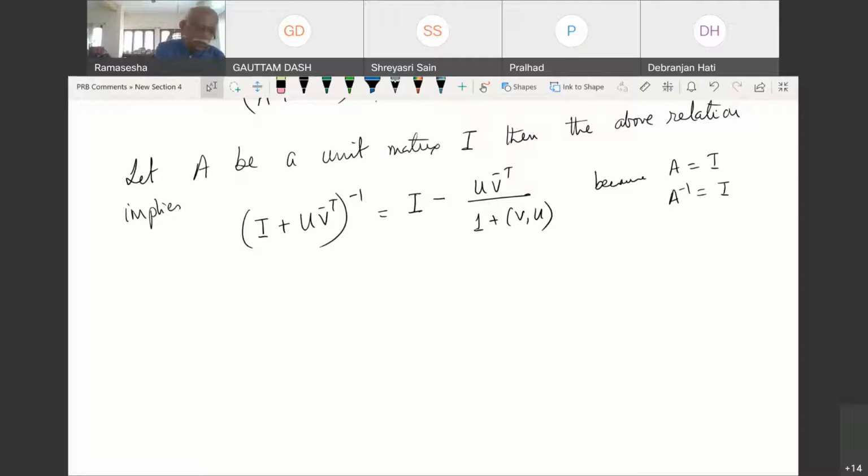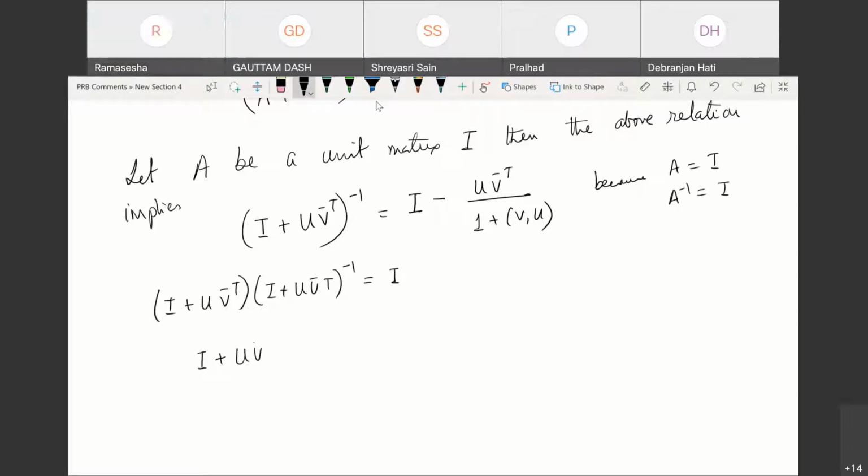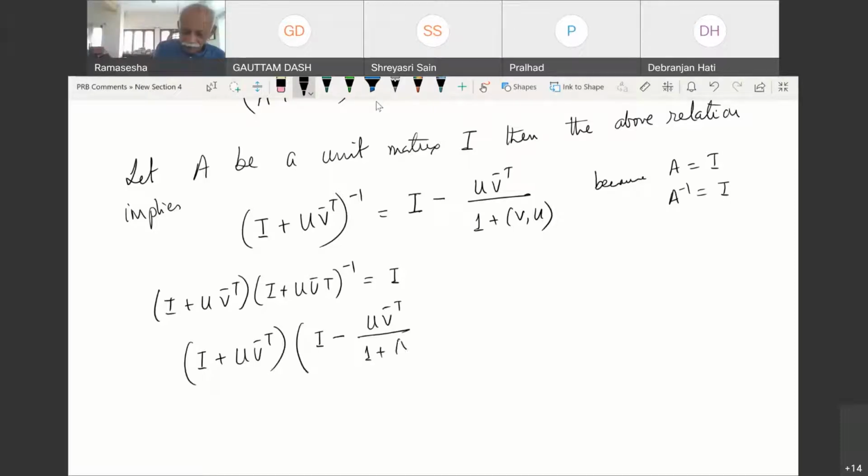So what I'm going to do is write down the following: I plus U V bar transpose, times I minus U V bar transpose divided by 1 plus ⟨V, U⟩.